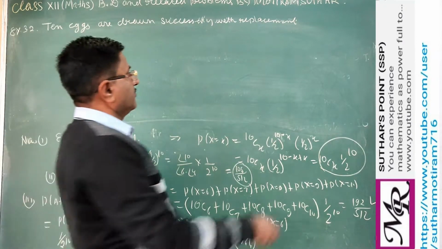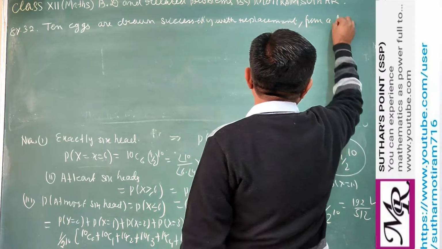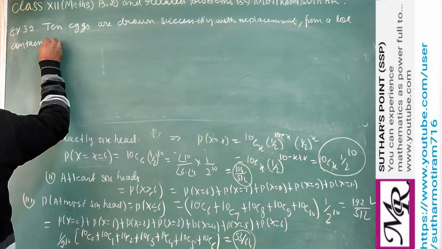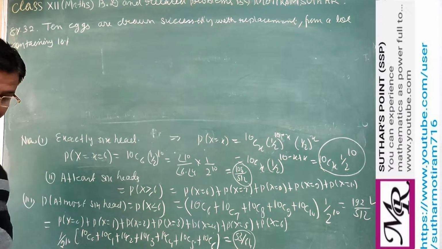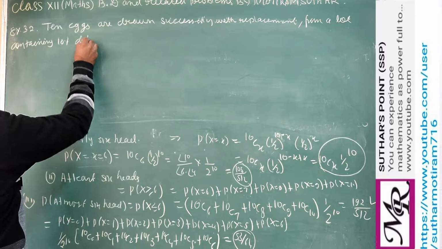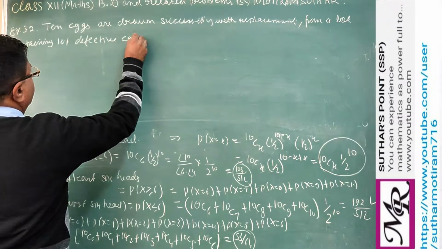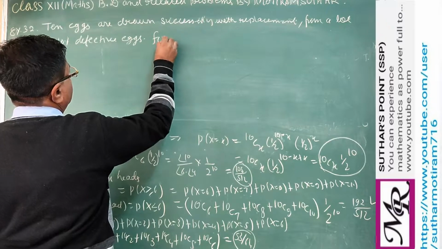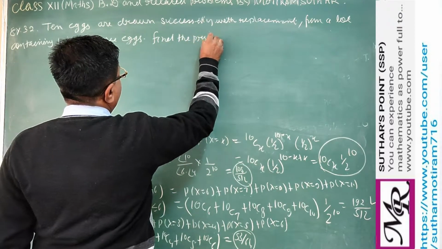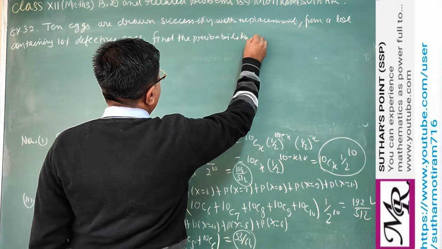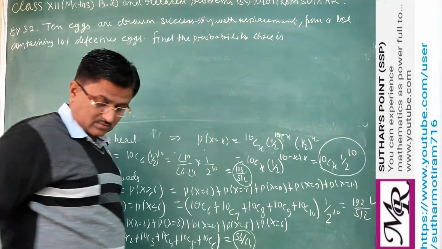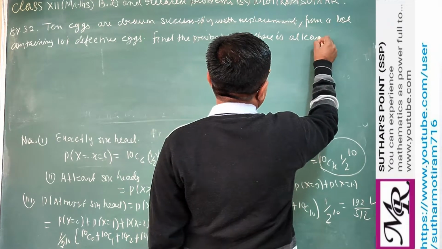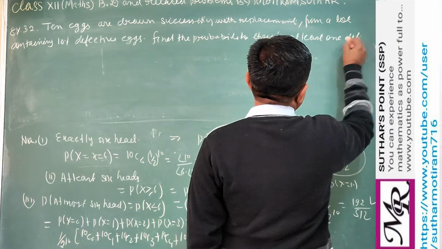From a lot containing 10% defective eggs, find the probability that there is at least one defective egg.